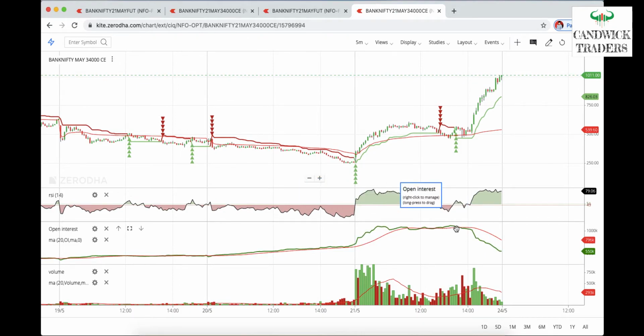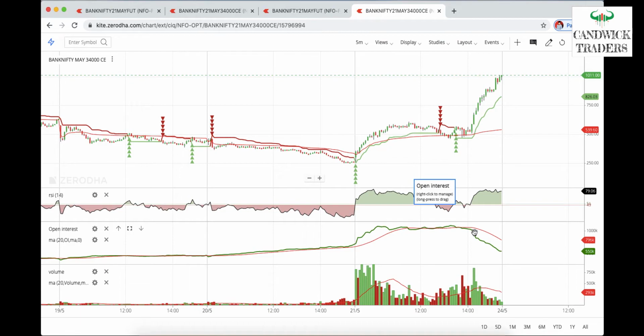With the help of this indicator, we'll come to know that if it is below the 20 moving average red line, then we can take it as a short covering. I'm repeating again: if the OI line is below the 20 moving average line, that is the red line, then we can consider it as short covering.